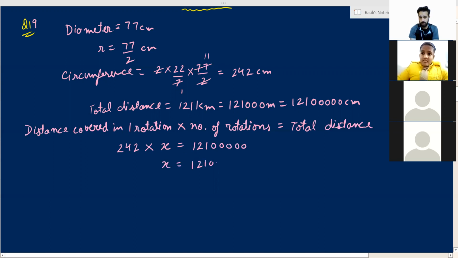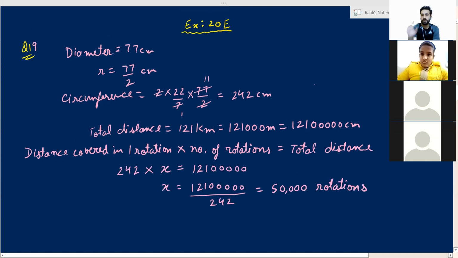Therefore, x equals 12,100,000 divided by 242. We get 50,000 rotations. Final answer: the wheel has to take 50,000 rotations to cover a distance of 121 kilometers.